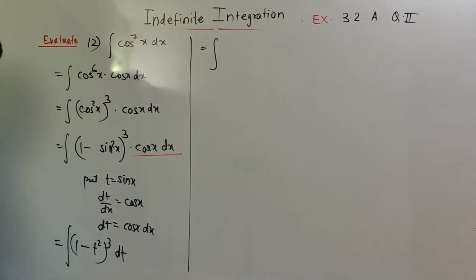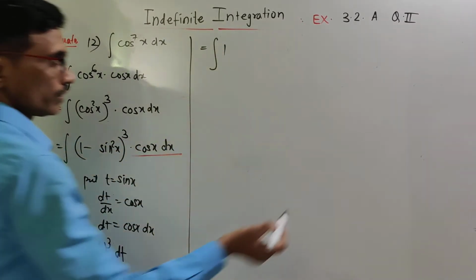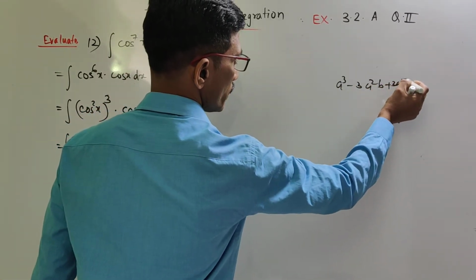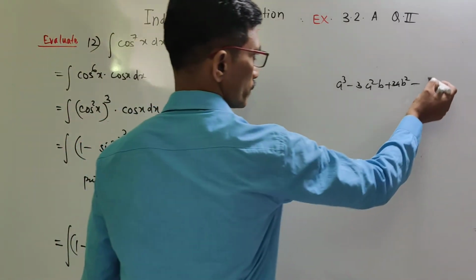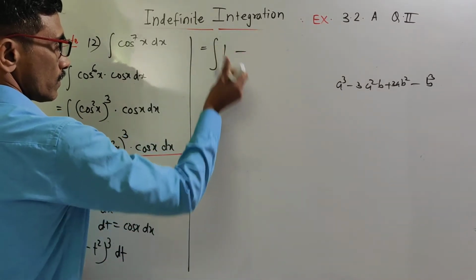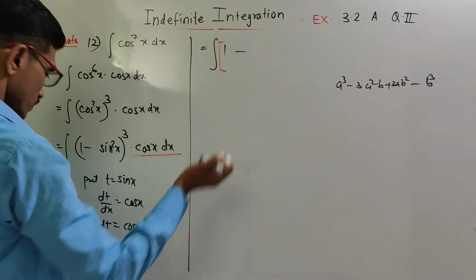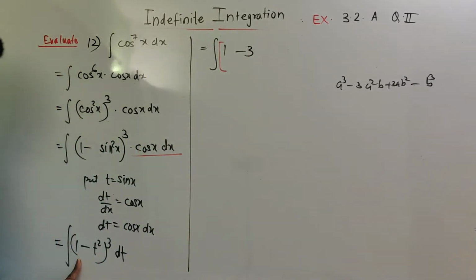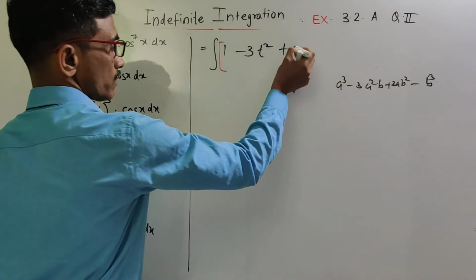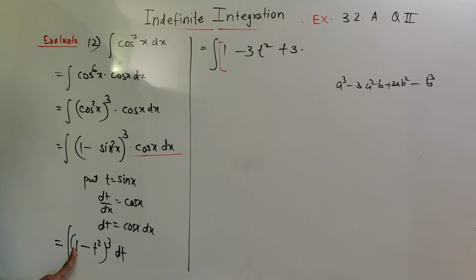So expansion a minus b cube. It is integral of 1 minus t square whole cube. We use this formula a cube minus 3 a square b plus 3 ab square minus b cube. Then a cube, that is 1, minus 3 into a square, that is 1, into b is t square, plus 3a, a is 1, and b square, that is t raised to power 4.